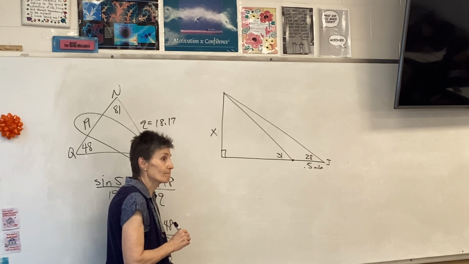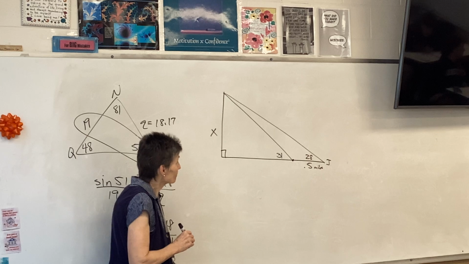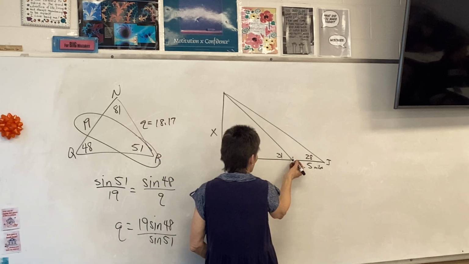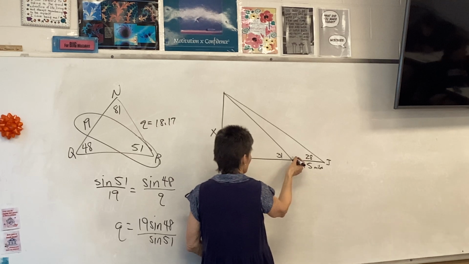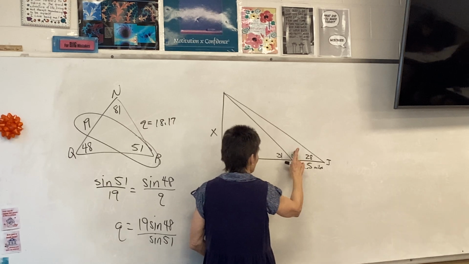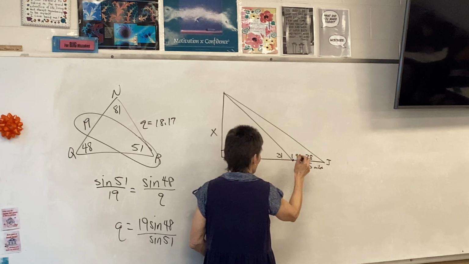Is 31 supplementary? You do 31 minus 1, and you can find this angle easily. What's that angle? 159. No, it wasn't 159. You've got the calculator. I think it's 149.